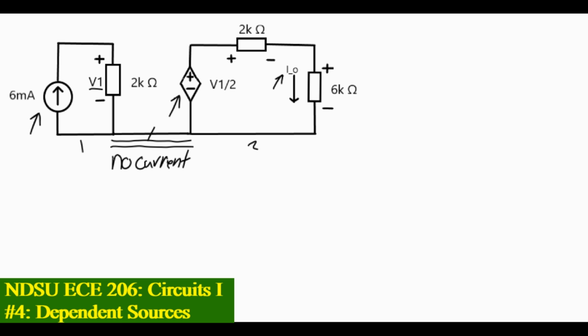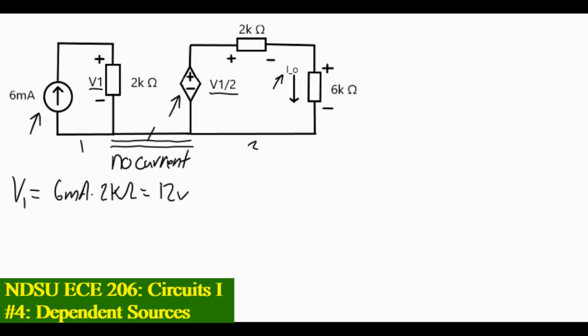The trick now is going to be what's going on with this dependent source. It's designated V1 over 2. Since we know that the two parts are isolated, solving for V1 is actually rather easy now. V1 can be solved using Ohm's law. It's going to be 6 milliamps times 2K ohms, which gives us 12 volts.